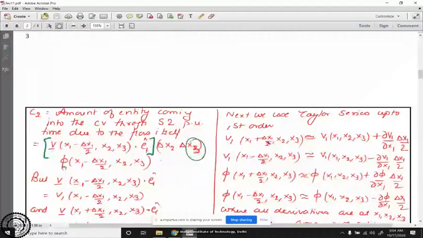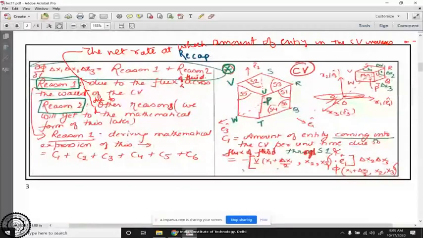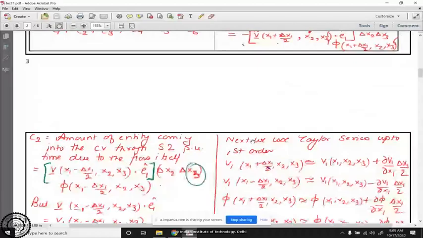That will again dot with E1, but there will be no negative sign. Mind you, the overall question is the net rate at which the amount of entity in the control volume increases, and that's why I am saying coming into the control volume.